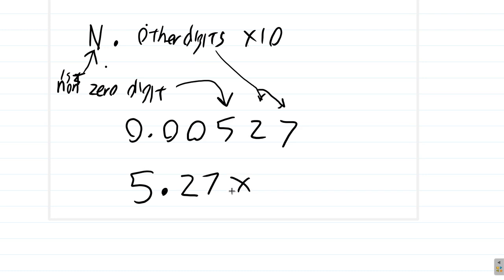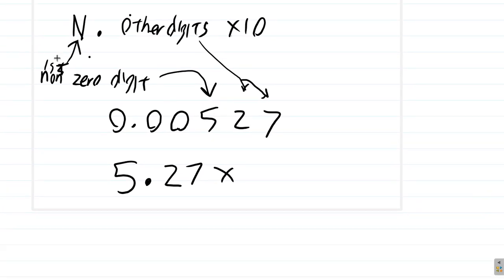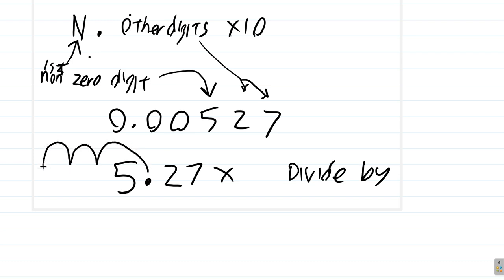Times, no. First of all, you see the 5.27? What would you have to do to make it go back to 0.00527? What you do is divide by, if you do this, 1, 2, 3 places to the left.